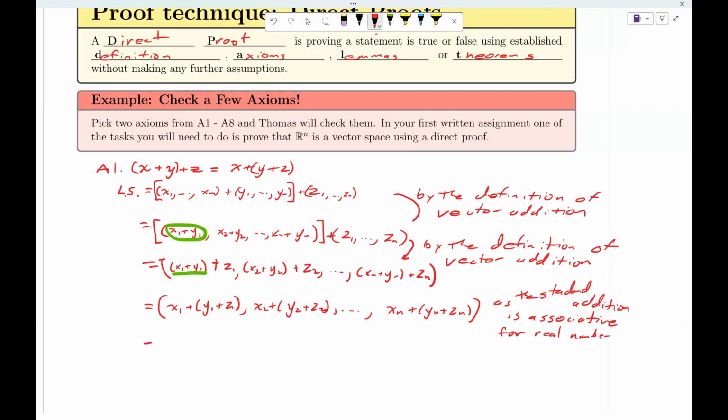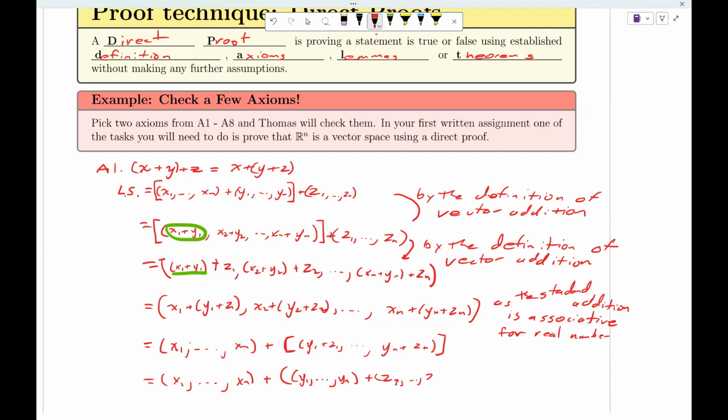And now here we get (x1, ..., xn) plus (y1 plus z1, ..., yn plus zn), which is equal to (x1 to xn) plus bracket (y1 to yn) plus (z1 to zn), which equals x plus (y plus z).